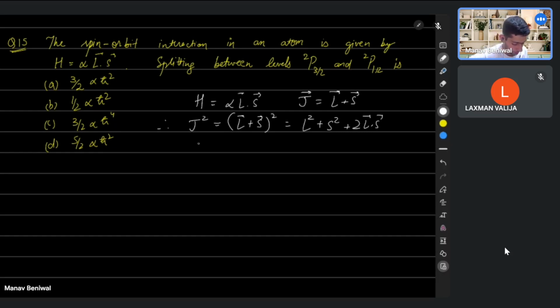From here, we can write L dot s as half of j squared minus L squared minus s squared. Therefore, our interaction becomes alpha times 1 by 2 times j squared minus L squared minus s squared.